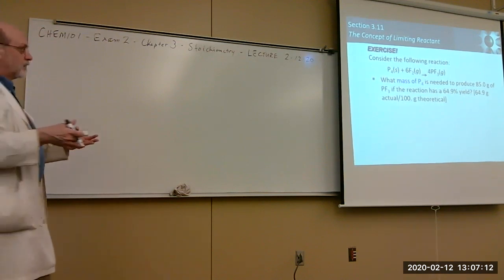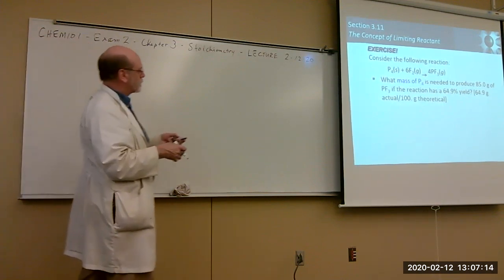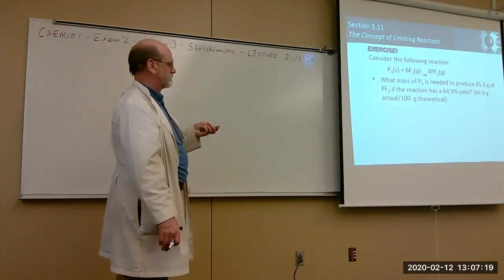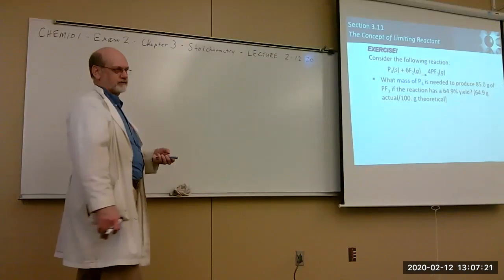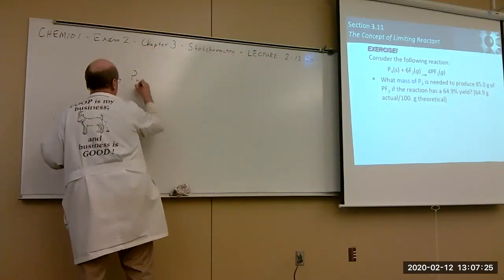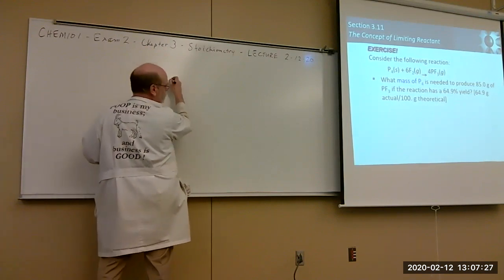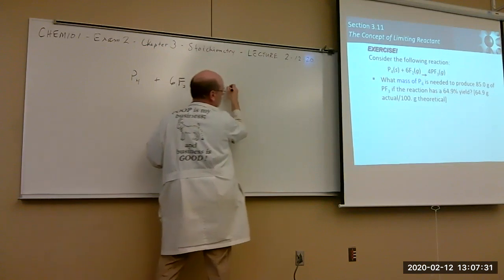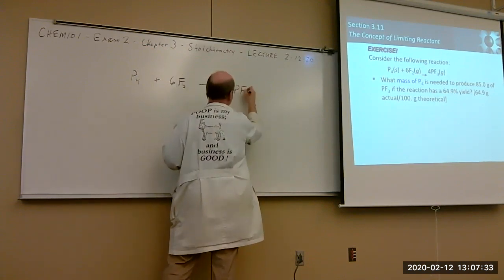calculations? Well, we're going to use P4 again, but this time we're going to react it with fluorine gas. This is highly exothermic too. Yeah, big time. So P4 plus 6 F2 yields 4 PF3.